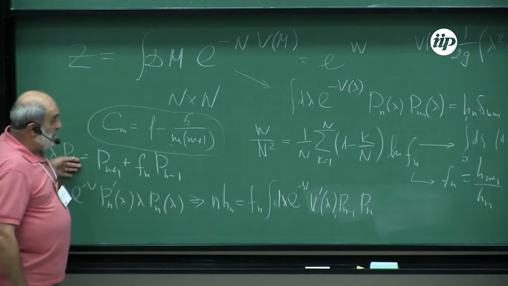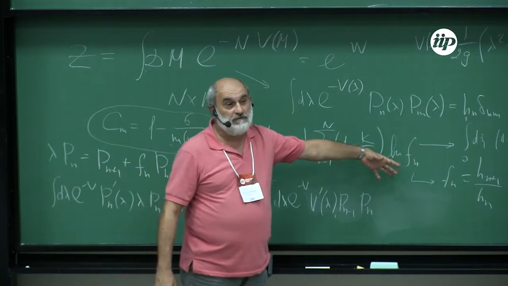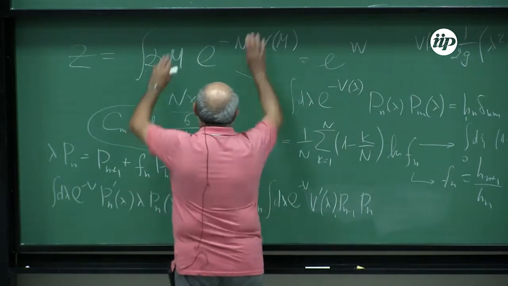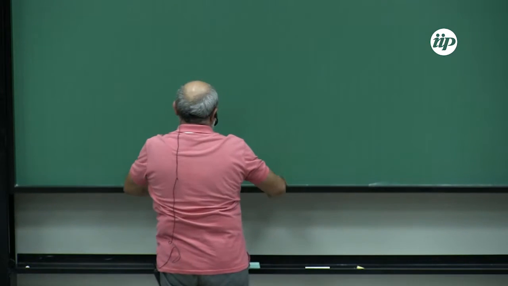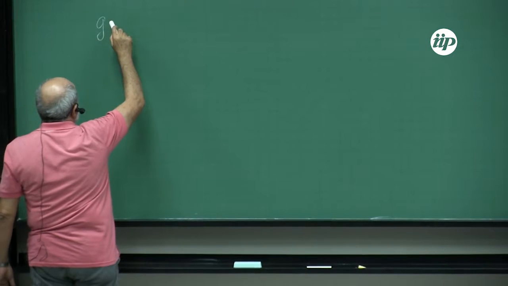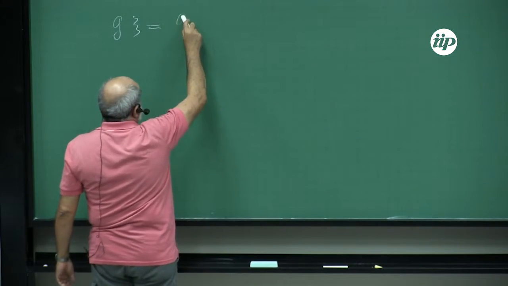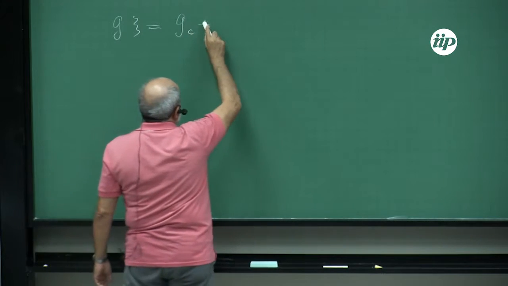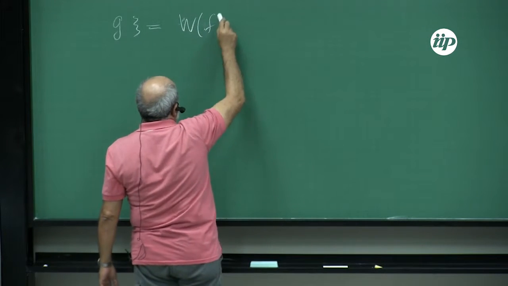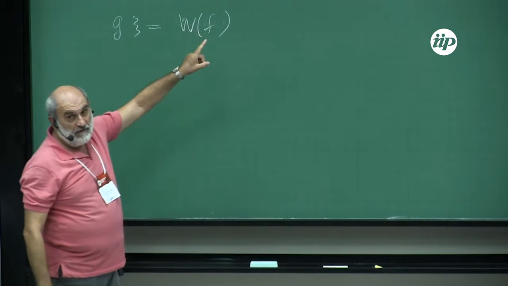Plugging in this property of orthogonal polynomials and considering again the continuum limit, in which we are interested, we will come to an equation of the following type. This coupling g multiplied by psi is equal to some constant plus some function W depending on F. This function can be calculated by use of the potential.